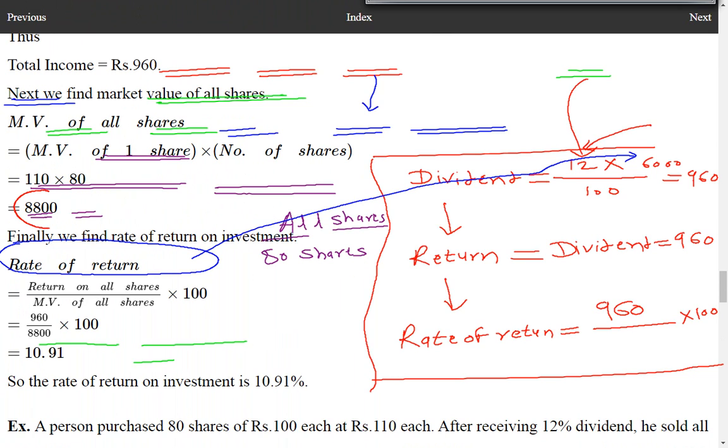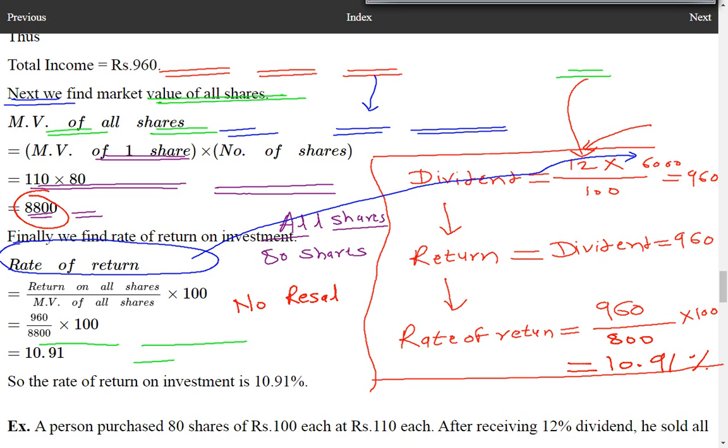So market value of all shares is 8,800, and thus we calculate the rate of return. Pause the video for a while and do this calculation: 960 upon 8,800 into 100, and you will find it comes to 10.91%. So the final answer is rate of return is 10.91%. In this example there was no resale.